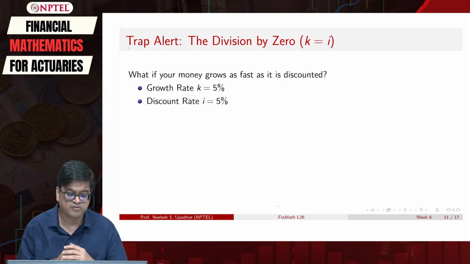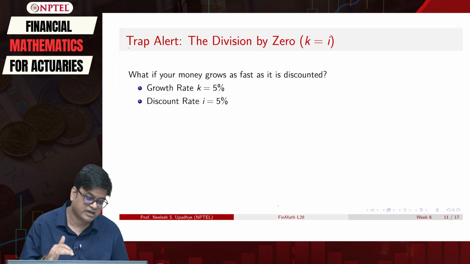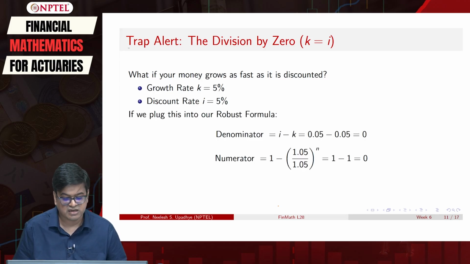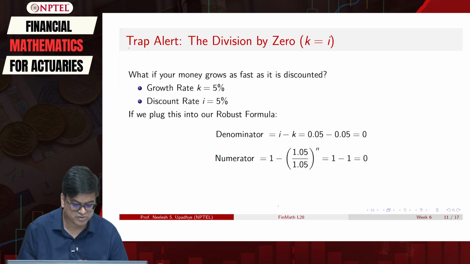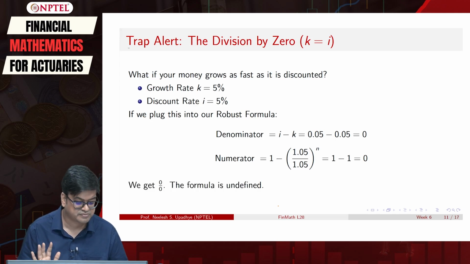If you use this geometric formula and the growth rate is k and the interest rate is also 5%, then our formula gives the denominator equal to 0 and the numerator also equal to 0. We get the 0 by 0 form, where the formula is undefined.